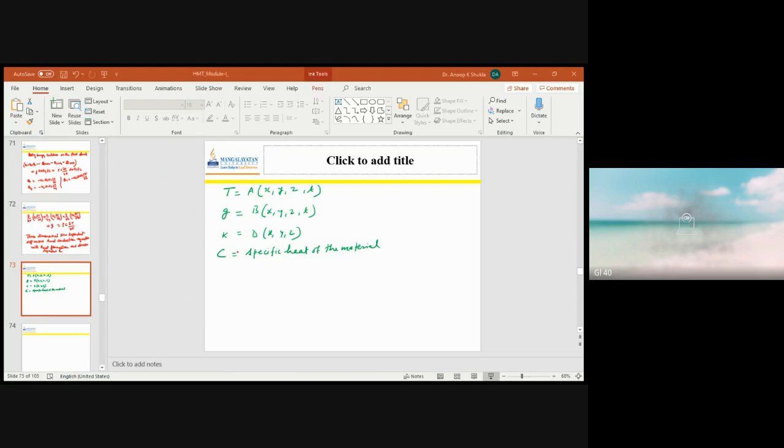Specific heat of the material is quantified in joule per kg Kelvin. And rho is the density of the material, measured in kg per meter cube.